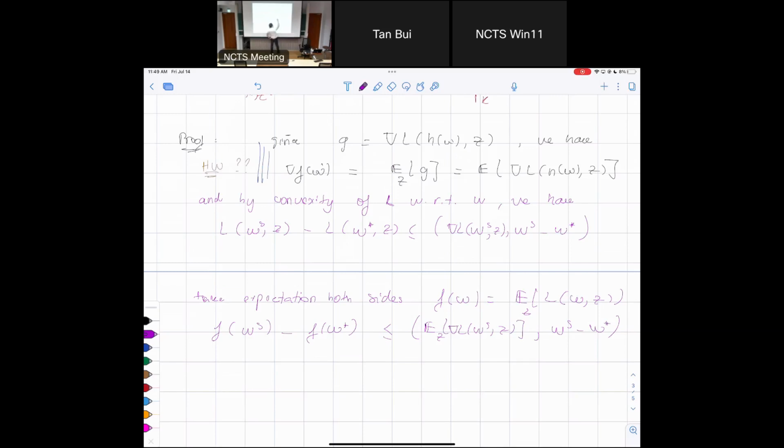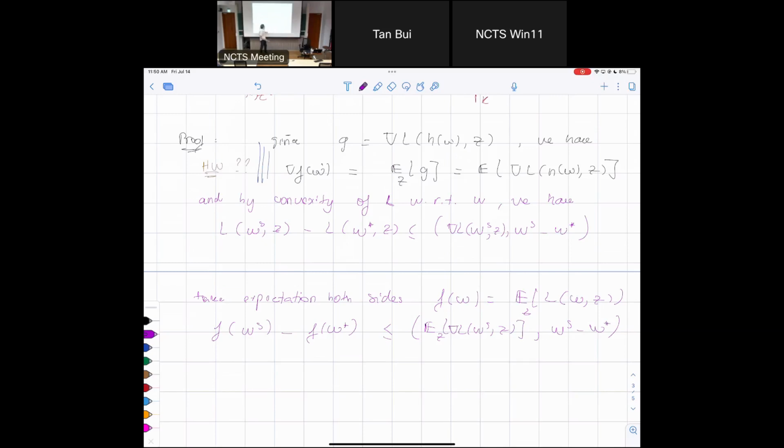So the integral of the sum here is nothing more than taking the expectation, the integral with respect to Z alone, right? Because this is just the sum of each component of L_i and W_i, W_i star here, sum, right?